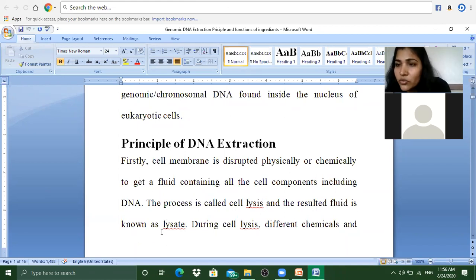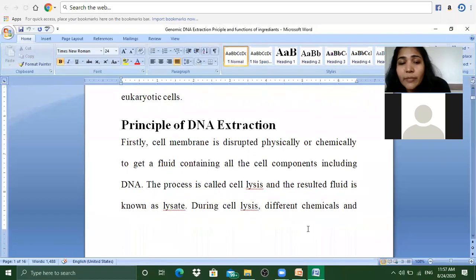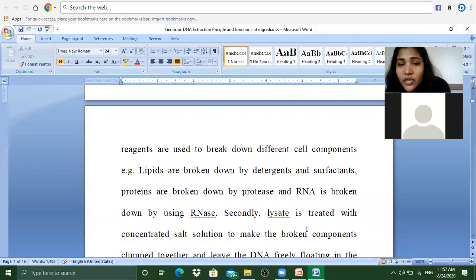So once you disrupt the cell membrane and release the content of the cell into the solution, the process is called cell lysis, and the solution that we get is called lysate. During cell lysis, different chemicals and reagents are used to break down the different cell components.